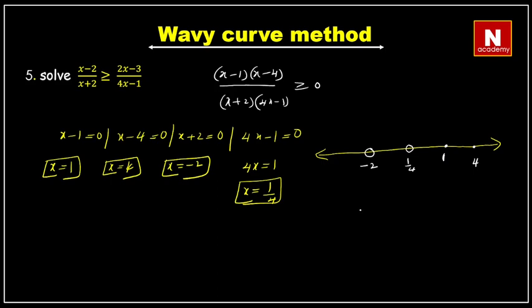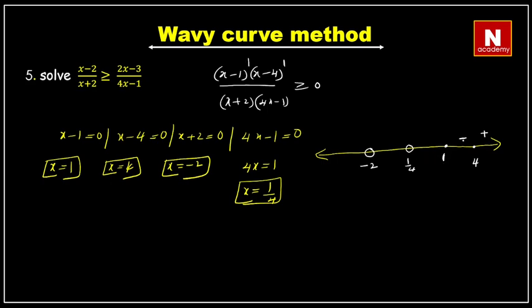Now after that, signs. What is the greatest leading coefficient? 4. So to the right of 4 we have to start with a positive sign, plus. Observe the factor x minus 4. The x minus 4 power is 1, 1 is odd. That's why the sign changes positive to negative. And the factor x minus 1, observe that the x minus 1 power is also 1, 1 is odd.